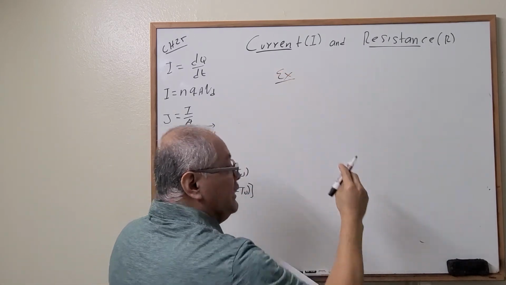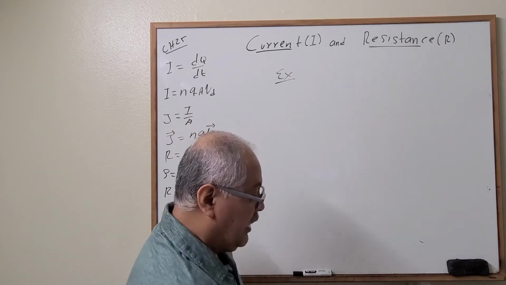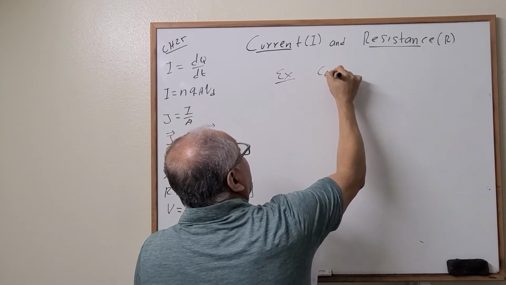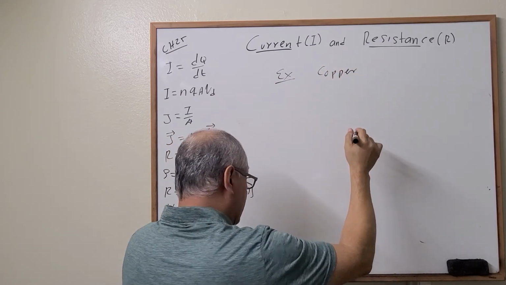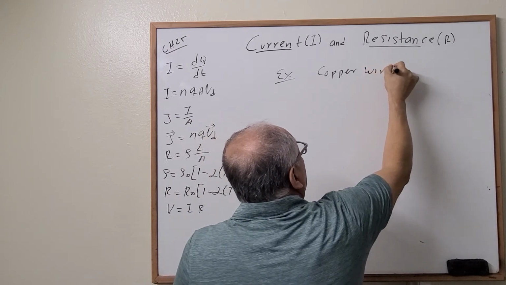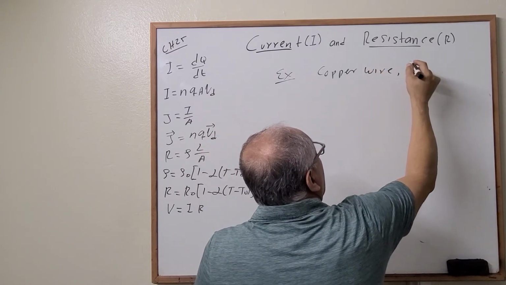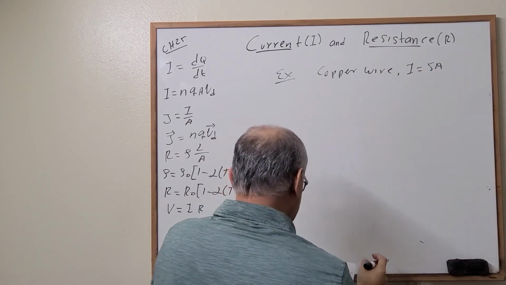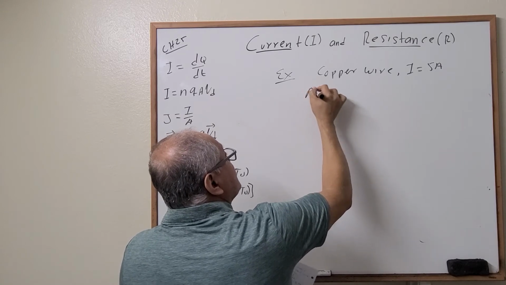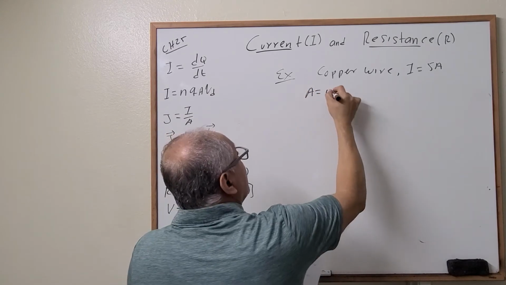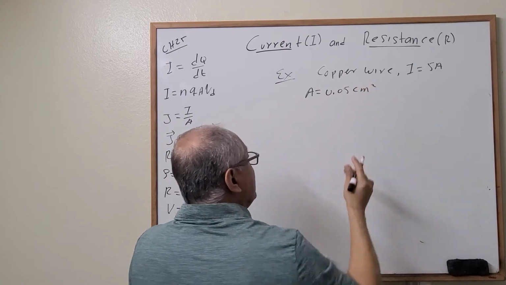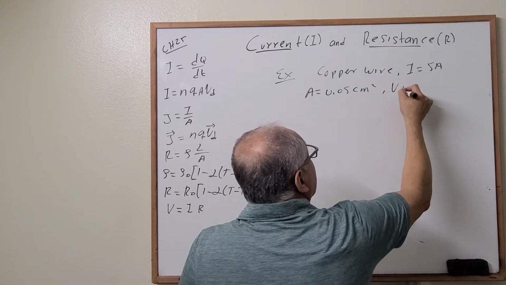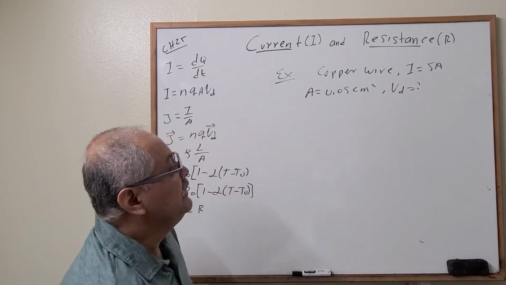In this example we have a copper wire, correct, with a current equal to 5 amps, and we have a cross-sectional area equal to 0.05 square centimeters. And using this, let's find the drift velocity.